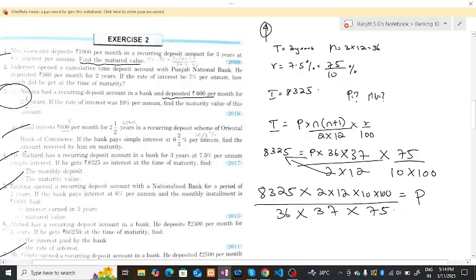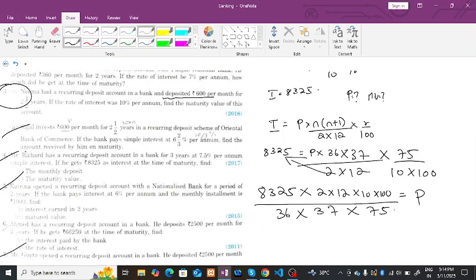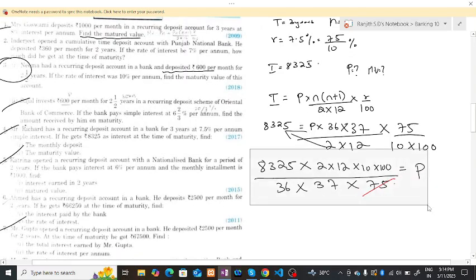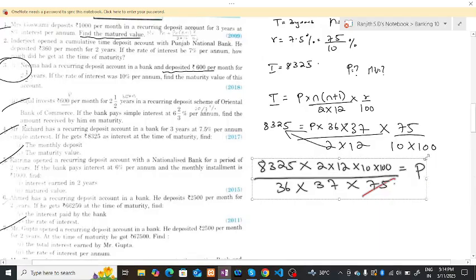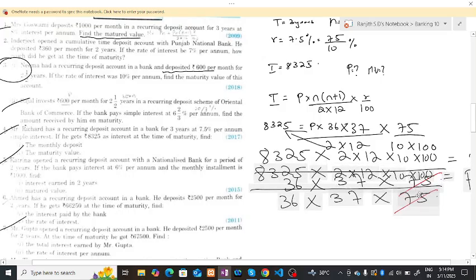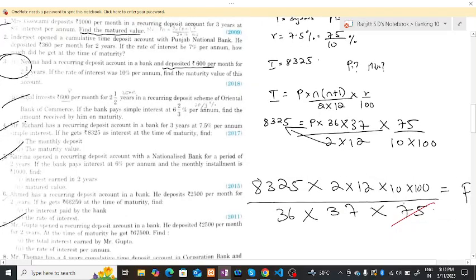What's the answer, students? After reducing, what did you get? See, 25 threes are, 25 fours are, 4 ones are, 4 nines are.